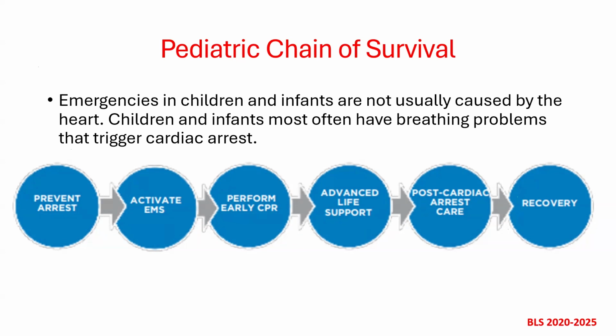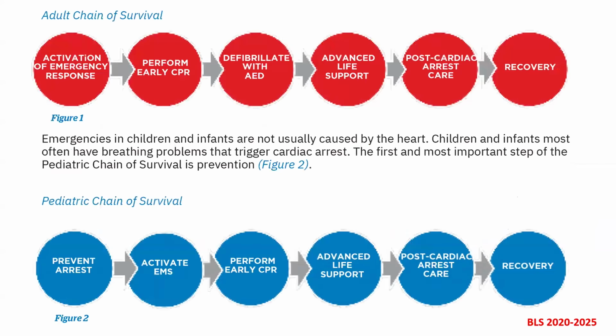Then activate emergency medical services, early CPR, advanced life support, post cardiac arrest care, and recovery. So it is a little different from the adult chain of survival, but it follows the chain of survival because it has been evaluated and proven that this line of action improves the outcome.